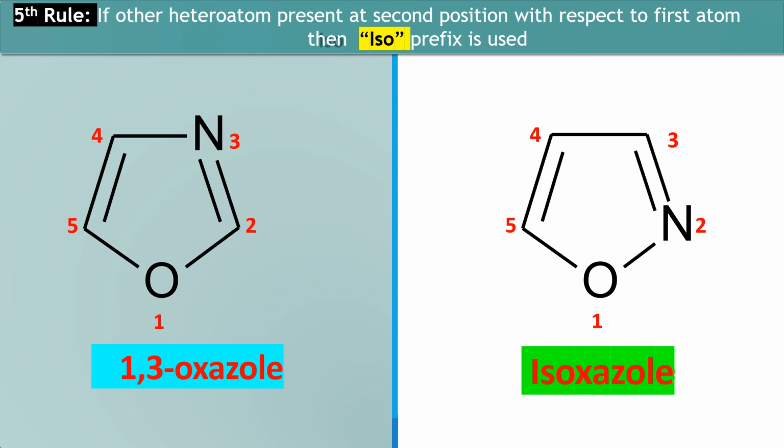In 1,3-oxazole, there is oxygen, then nitrogen present at the number 3 position. But here oxygen is number one and nitrogen is second. That's why we use isoxazole. So whenever the second heteroatom is present nearer to the first atom, at that time we use the prefix iso.